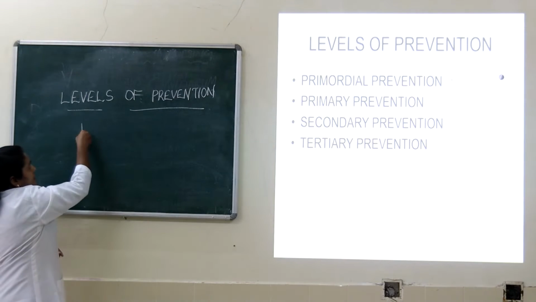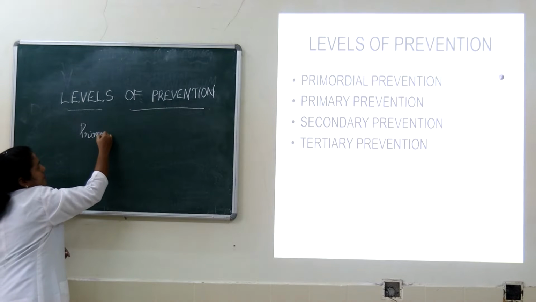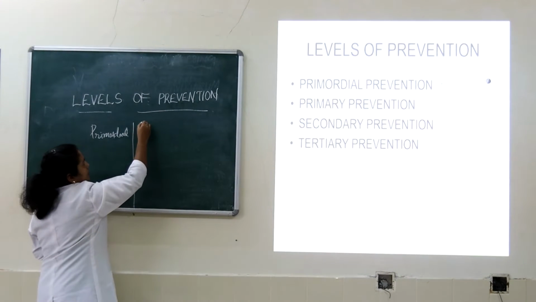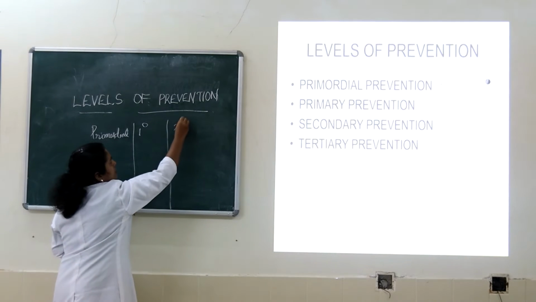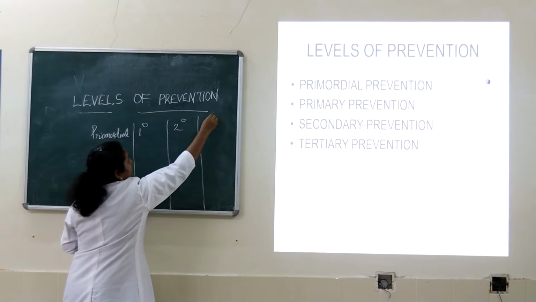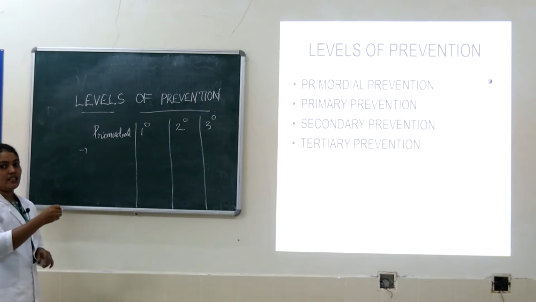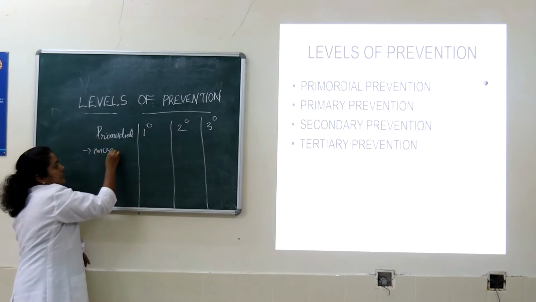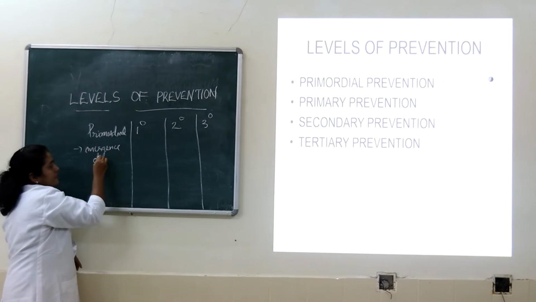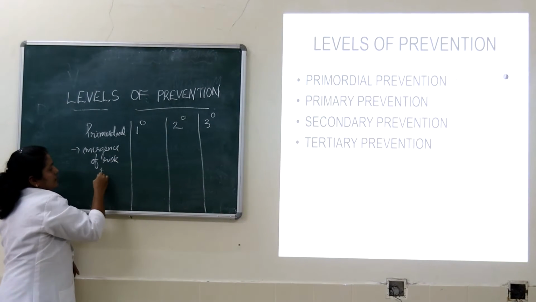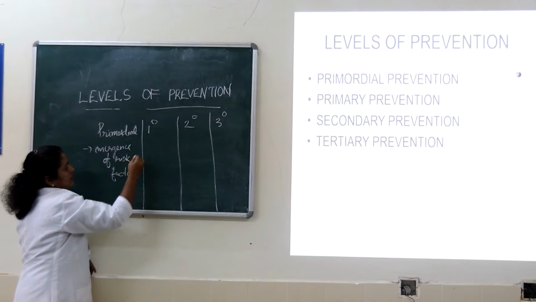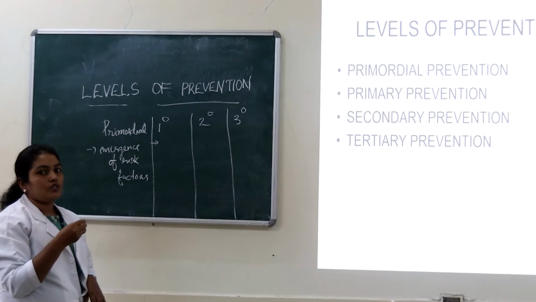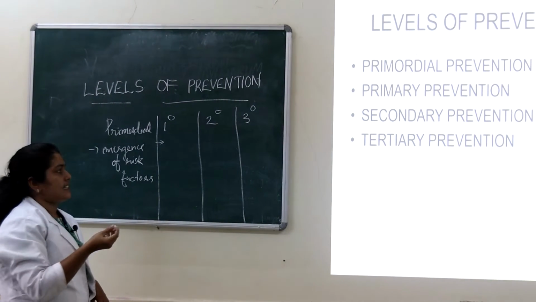In primordial prevention, the aim is to reduce the emergence of risk factors. The second is primary prevention. In this prevention, we have to avoid the disease conditions.